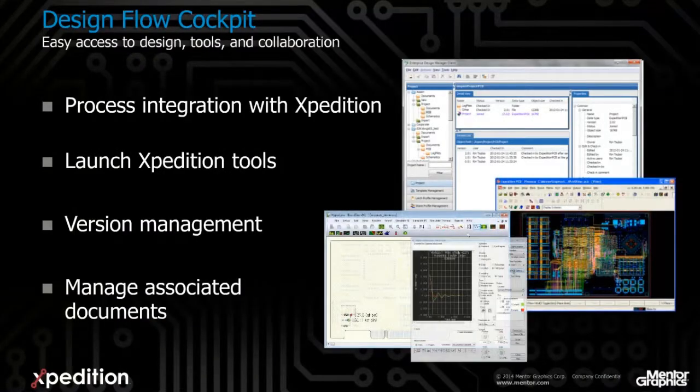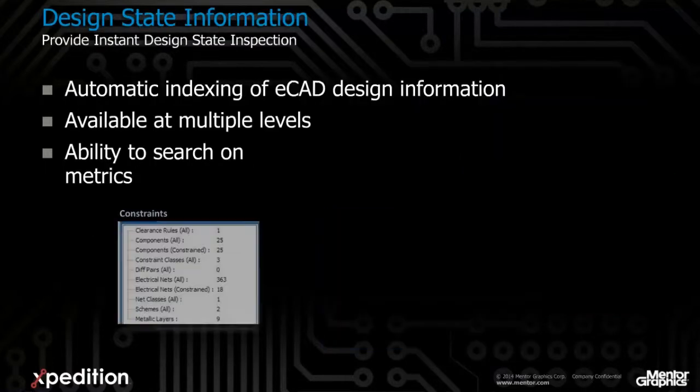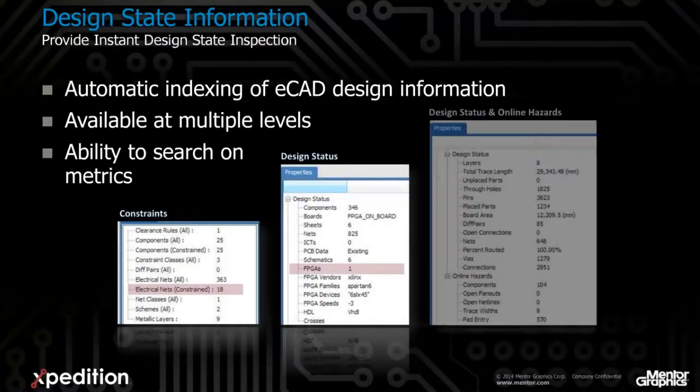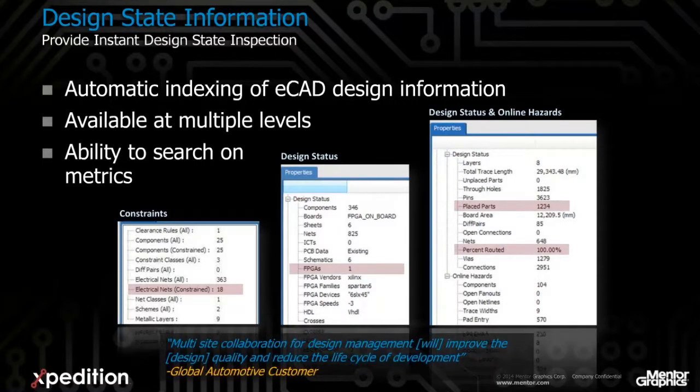So in the previous video, we saw how XDM provides a design flow cockpit with integration in Xpedition, the ability to launch Xpedition tools, version management, and the ability to manage associated documentation. And we also saw the design state information, which is the automatic indexing of the ECAD design data at multiple levels with the ability to search on that data.